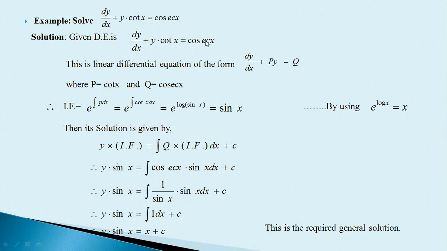The given differential equation is in the standard form of linear differential equation, that is dy by dx plus py is equal to q. Then comparing both the equations, we get the value of p and q, where p is equal to cot x and q is equal to cosec x.